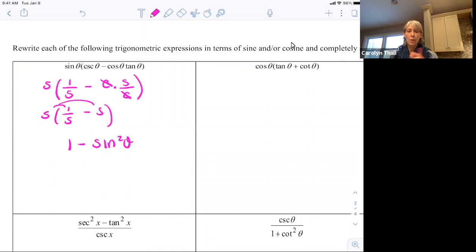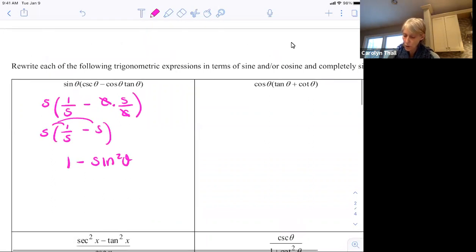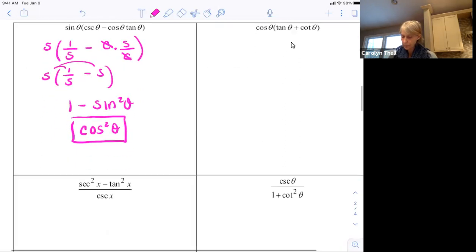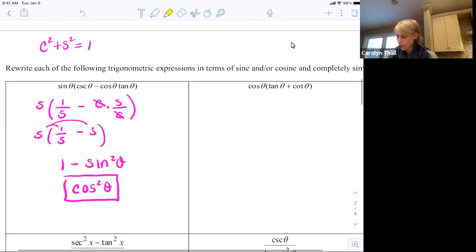And we should remember from the previous page, and if you don't, whenever I have things with squares in them, I usually go back to the Pythagorean identity and see if I can do anything. Well, I know that 1 minus sine squared is really cosine squared theta. And that's what I would get when I simplify that. So we're going to leave this guy as a homework question.